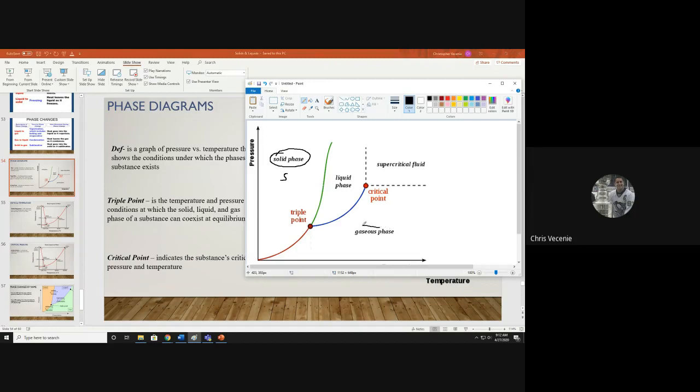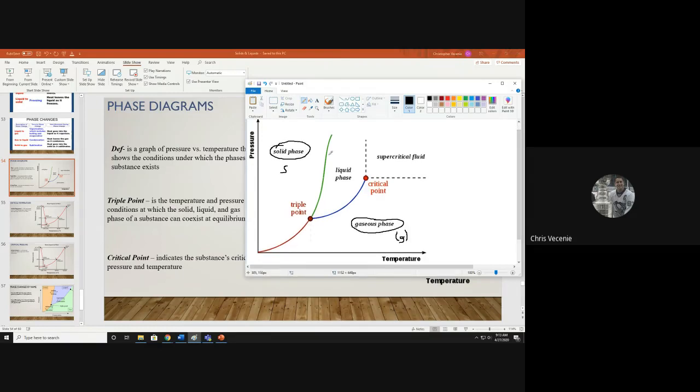The bottom right phase tends to be your gas phase. High temperatures means there's a lot of energy present to break particles apart and overcome atmospheric pressure. So there's a high likelihood that at these high temperatures, you will be a gas.